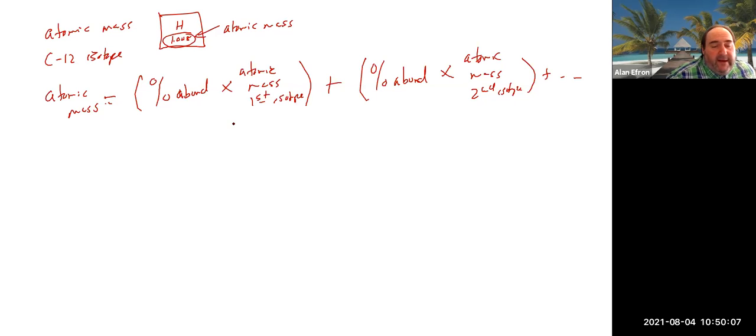That would give you your average atomic mass in AMU, and that is usually the number that we see on the periodic table. You can do that by using a technique known as mass spectrometry.